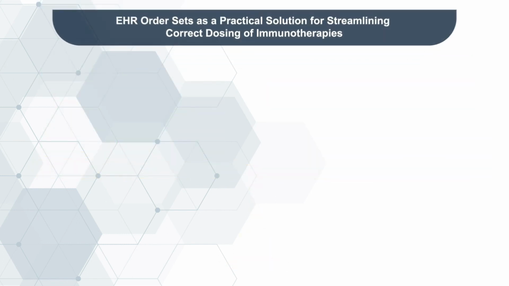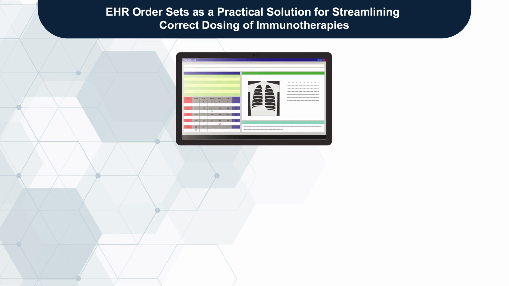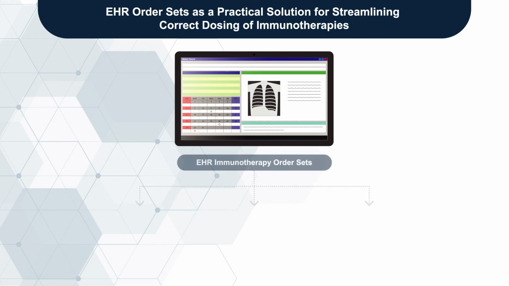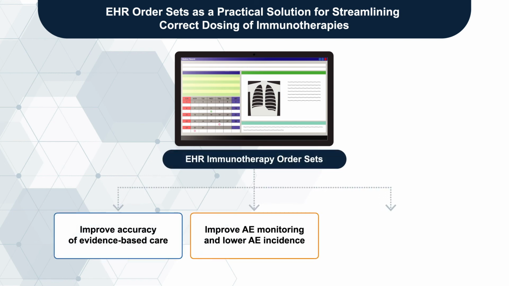As experience with extended dosing regimens increases and safety and efficacy data emerge, there are some important considerations to keep in mind. First, many clinicians find that order sets within electronic provider order entry systems improve accuracy, decrease adverse events, and ensure that patients receive consistent evidence-based care.